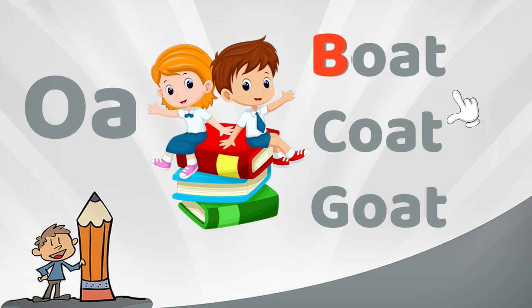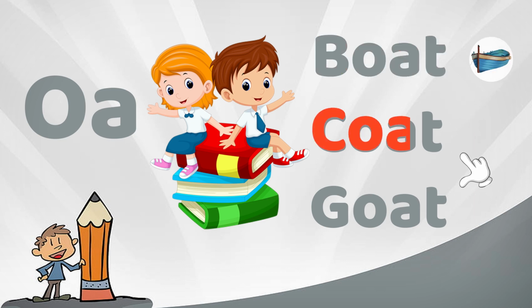Ba. Now we can see we have a ba. O. I will underline it together. Ba, O, bo, ta, boat. Ka, O, ko, ta, coat.